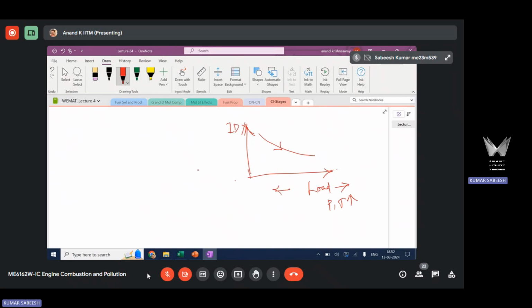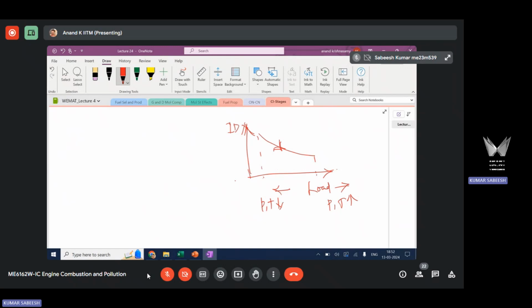When you move in the other direction, pressure and temperature will be lower, so it will increase the delay time as compared to high load. So with increasing load, you will expect a shorter ignition delay time, not linear but somewhat non-linear. Any engine trend is generally non-linear because it is a combined effect of many parameters.